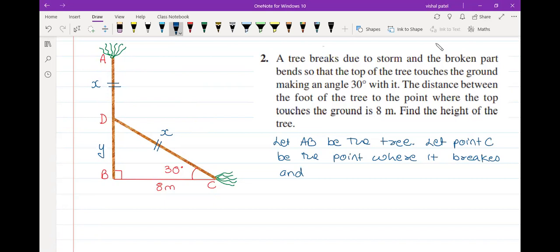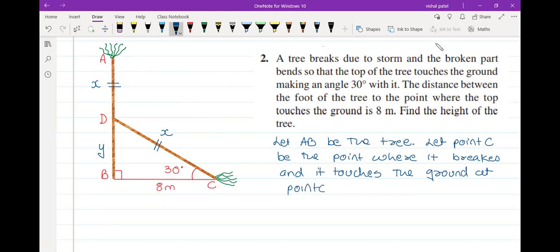And it touches the ground at point. Okay, just a minute.